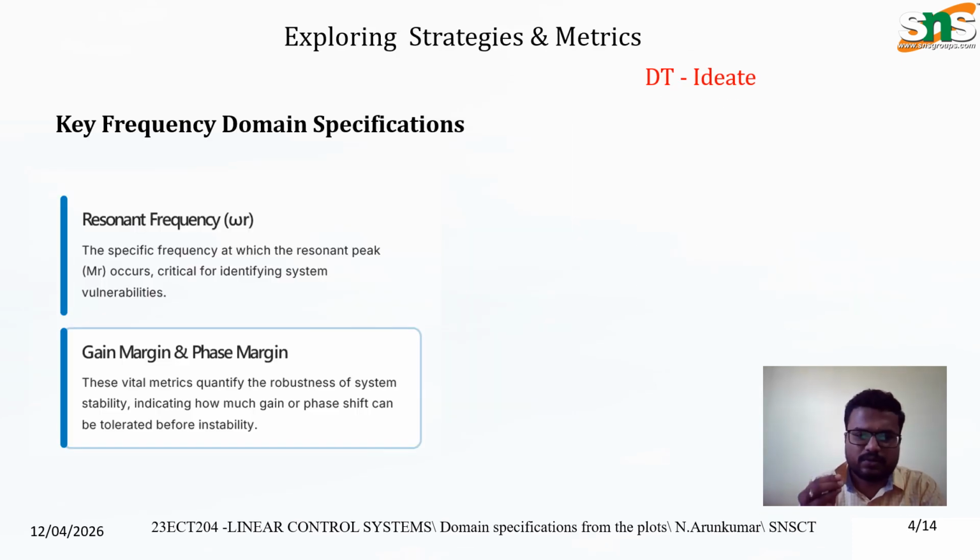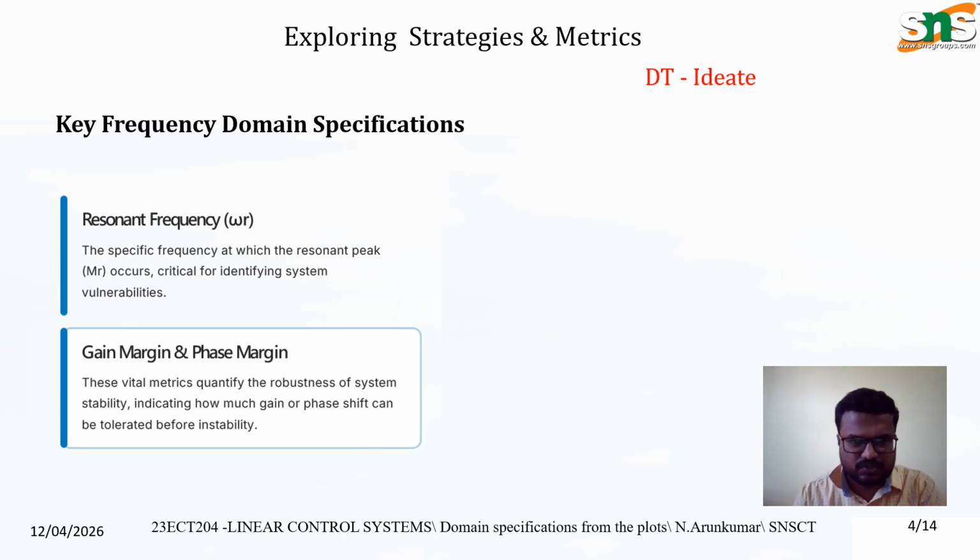And next one is key frequency domain specification. The frequency response is purely formed with the help of these factors: resonance frequency, gain margin and phase margin. Once you fix the frequencies for the corresponding stations, these factors define exactly the particular frequencies of the systems.